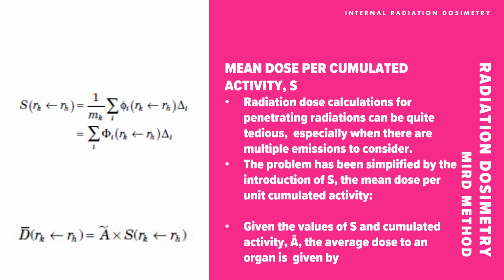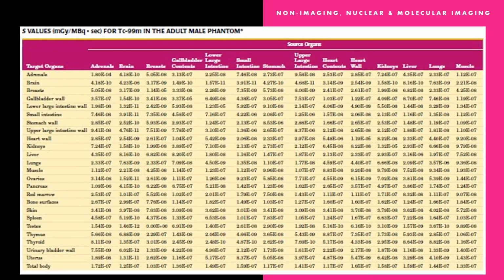So if you multiply by the cumulative activity, you get the mean absorbed dose. You can determine all of this as long as you have the information of the starting radiation activity. Usually the S value will be given when you want to measure the average dose.